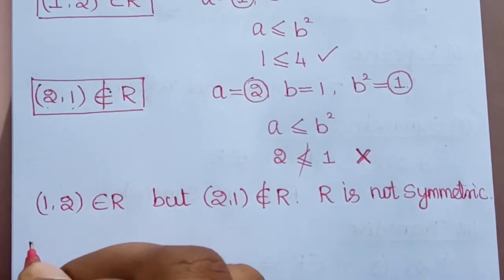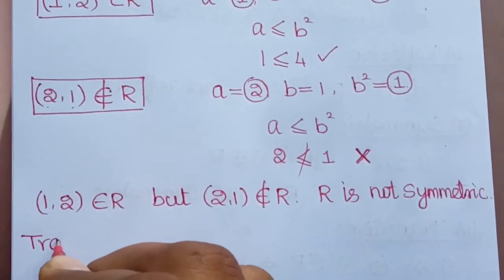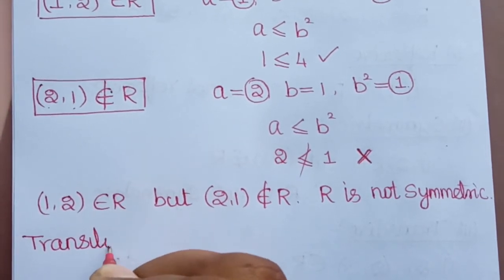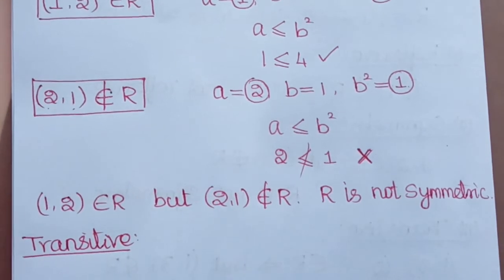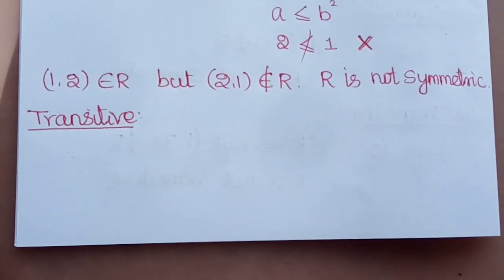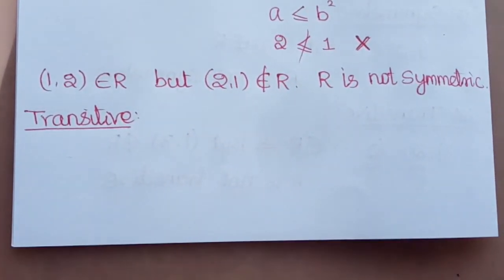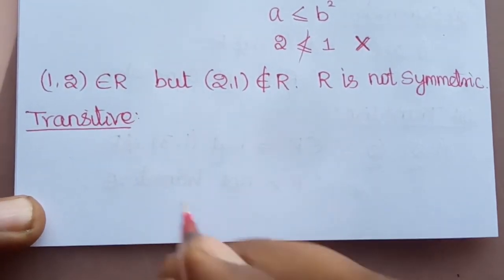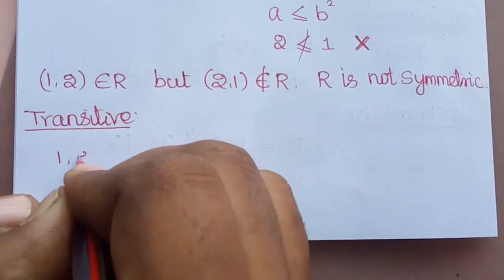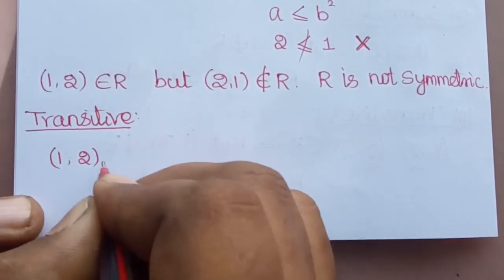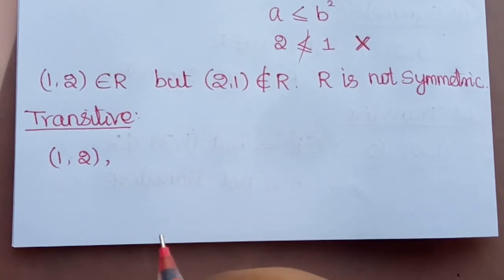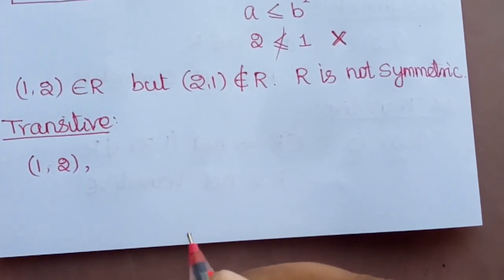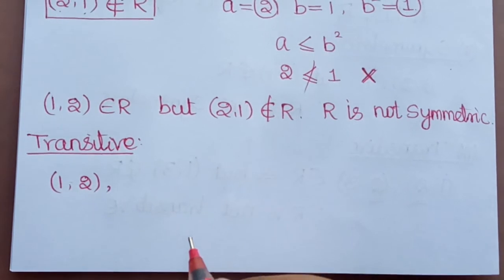Transitive means we take two different pairs, for example, (1, 2).